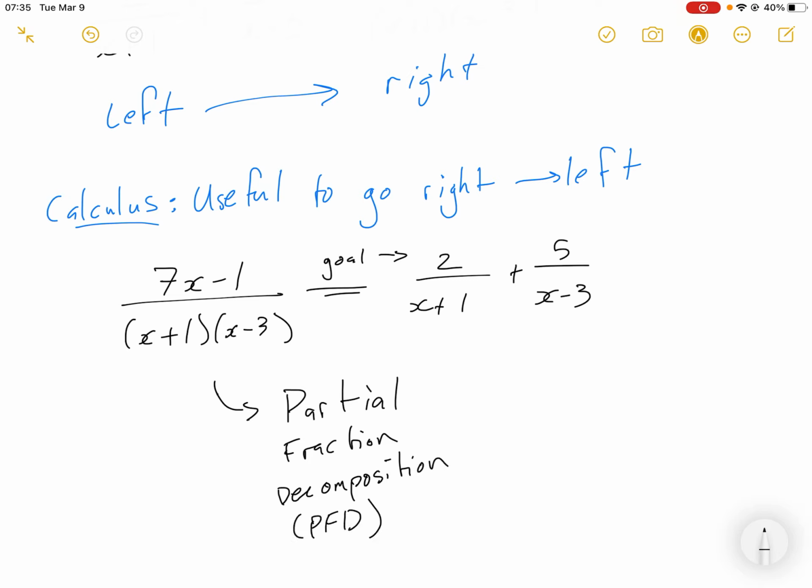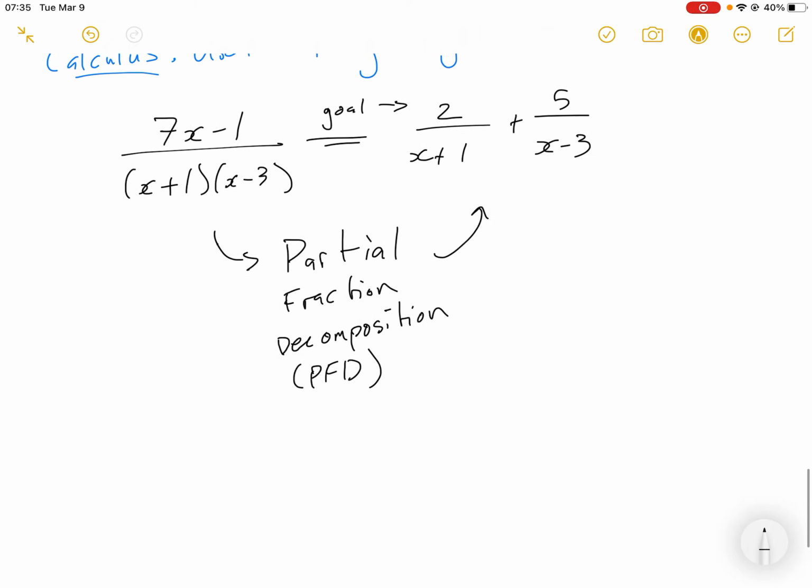It is not a widely used or widely recognized acronym, but it is something that many pre-calc teachers still use.